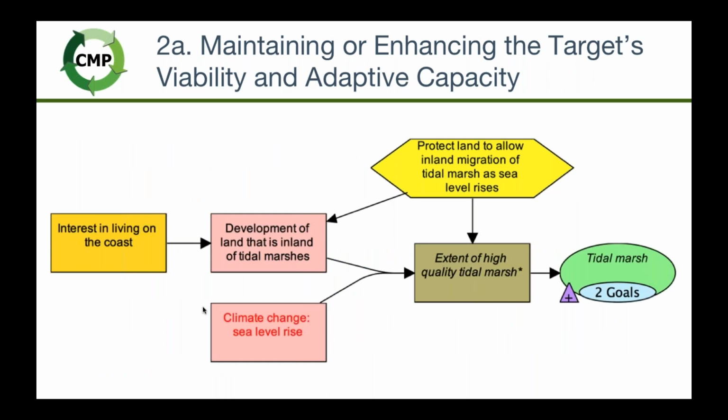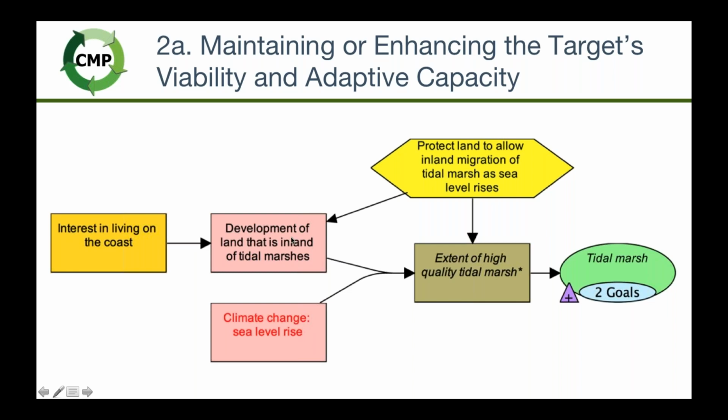A few examples of this, I think we have two examples. The first one is tidal marshes, where you've got sea level rise affecting the extent of high quality tidal marsh. So the strategy would be to protect land to allow inland migration of tidal marsh as sea level rises.